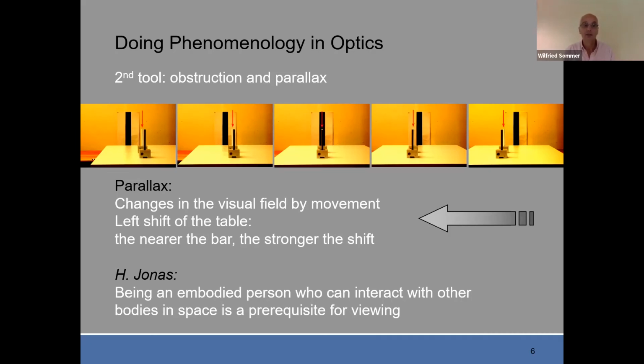And Hans Jonas put it this way: being an embodied person who can interact with other bodies in space is a prerequisite for viewing. Today, it's called joint attention or joint attentiveness. And the tool I used here in phenomenological optics is called parallax.